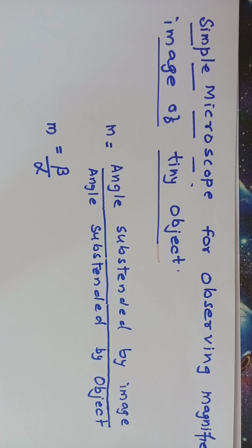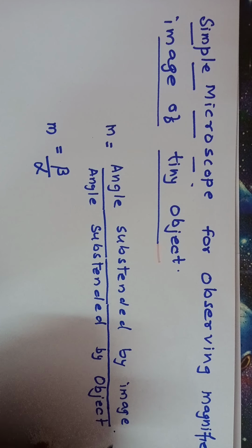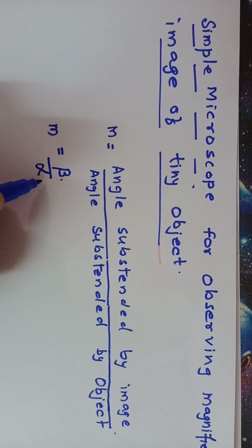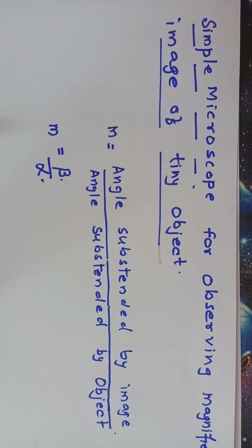Generally it is tan beta upon tan alpha, but the angles are very small, therefore it will be beta upon alpha. And what is beta? Beta is the angle subtended by the image, and alpha is the angle subtended by the object.